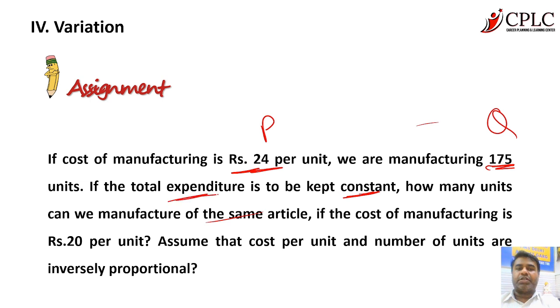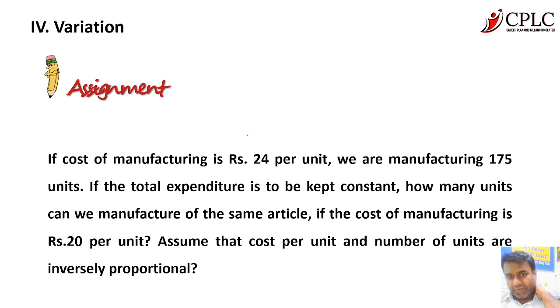The total expenditure. Suppose I want to invest a lakh rupees, so it should remain the same. How many units can we manufacture of the same article if the cost of manufacturing is rupees 20 per unit? Now we are reducing the cost from 24 to 20.